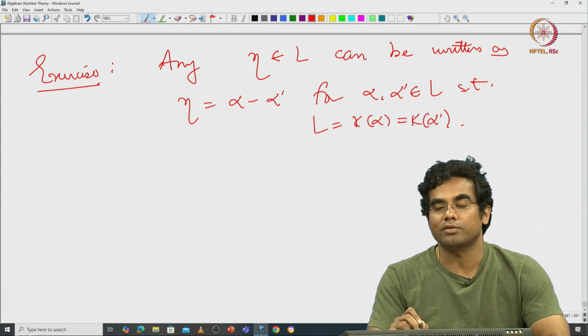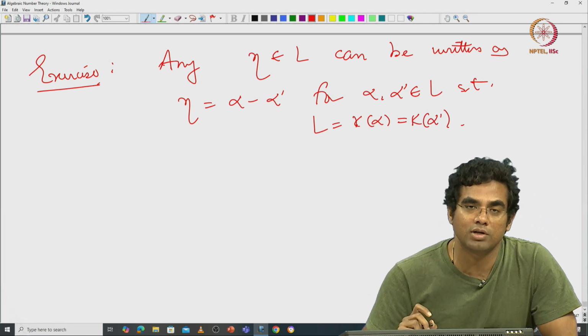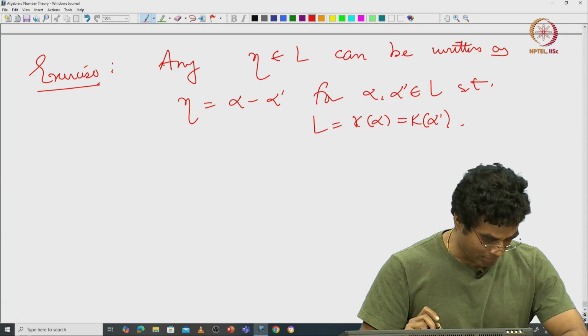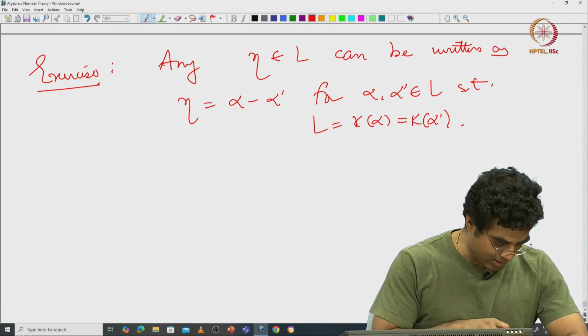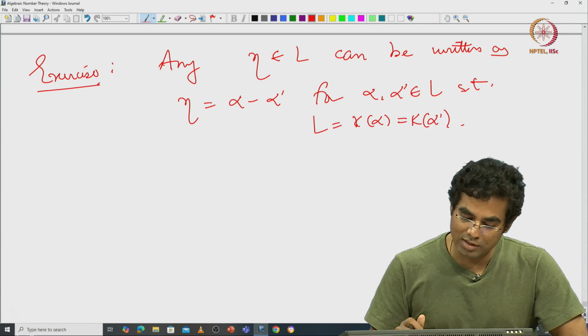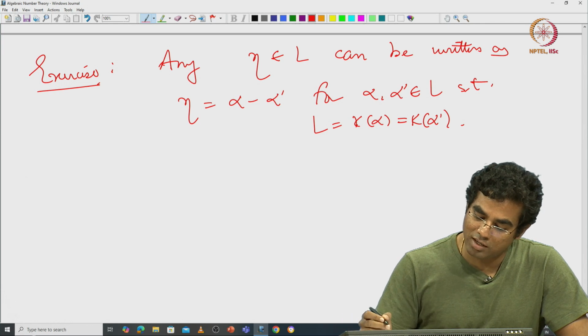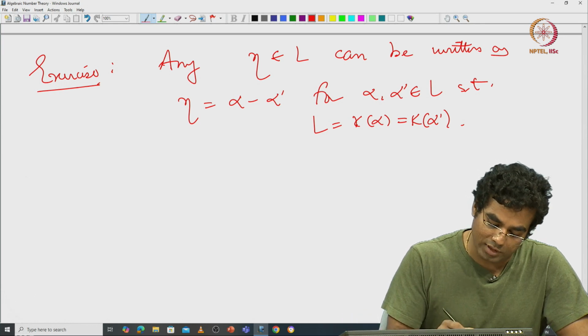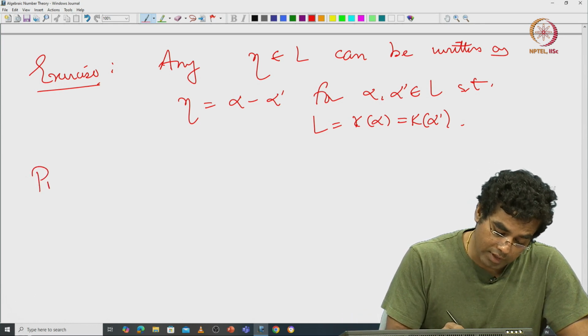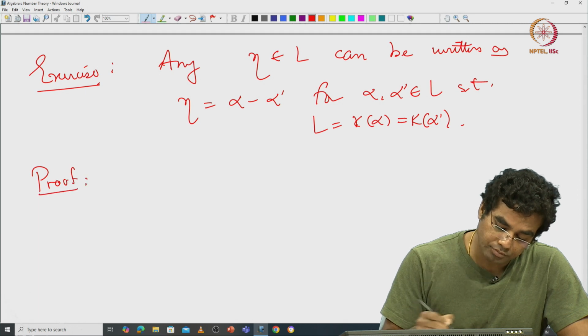So, any element of L can be written as a difference of two generators. It seems very difficult at first, but it is not if you get the right idea, and I leave that as an exercise.